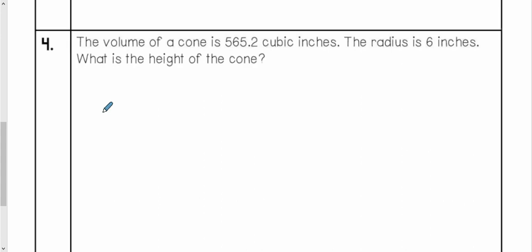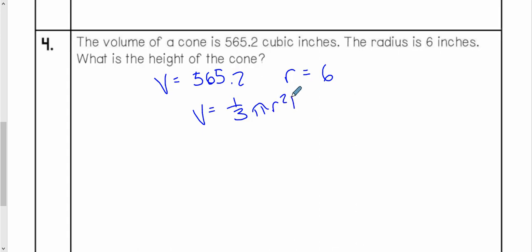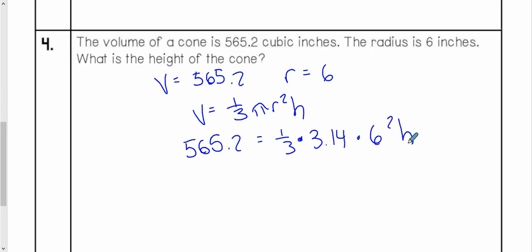Here's the one where you have to work backwards. You have the volume, you have the radius, and you're working backwards for the height. Volume is 1/3 pi r squared h. So 565.2 equals 1/3 times 3.14 times 6 squared times h.